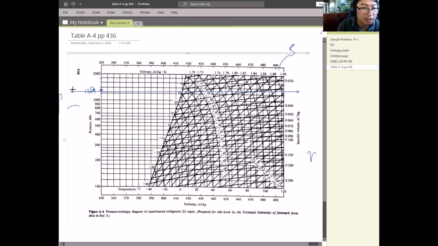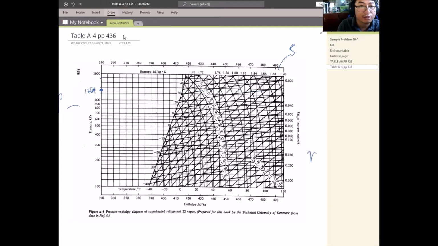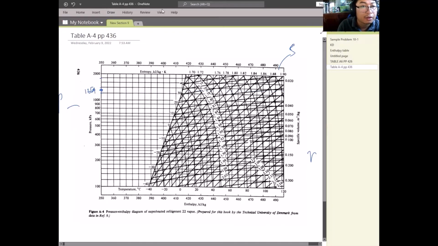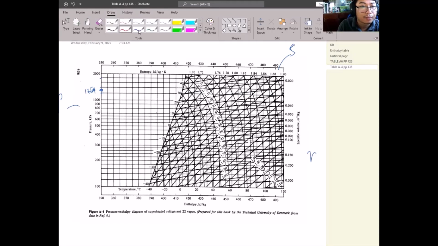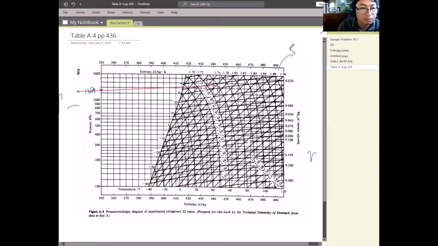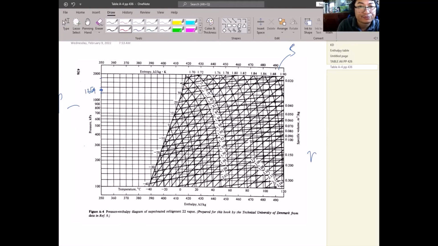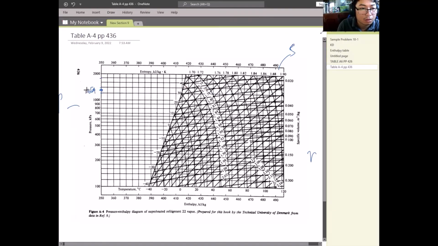Make sure that you have a straight line, and that it is parallel.